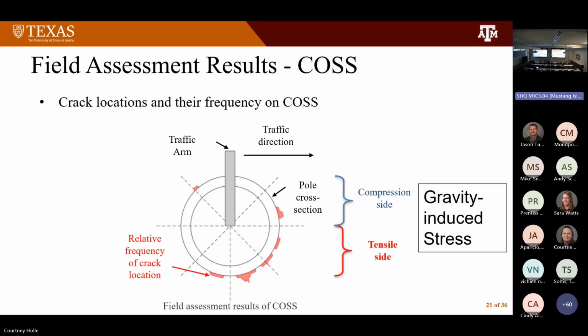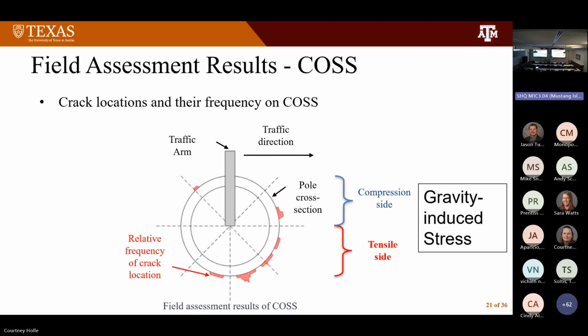So if we look at the cost type poles, we're trying to look now at the best way to present the data that we have. We're looking down on the pole section, you can see here, and then we've got the sign arm that's going to be on there. We try to see statistically, on the poles we looked at, whether there is a particular region where the cracks are most prone.